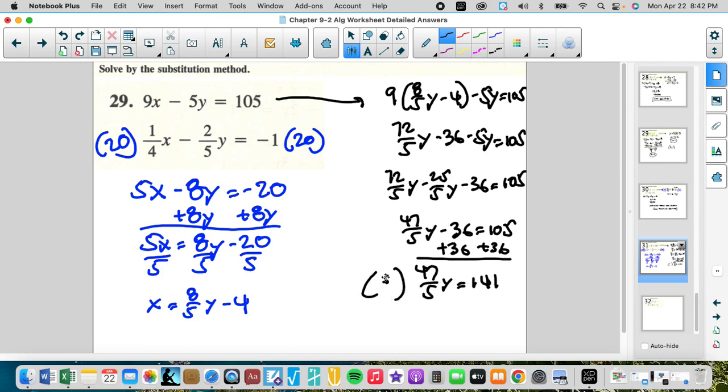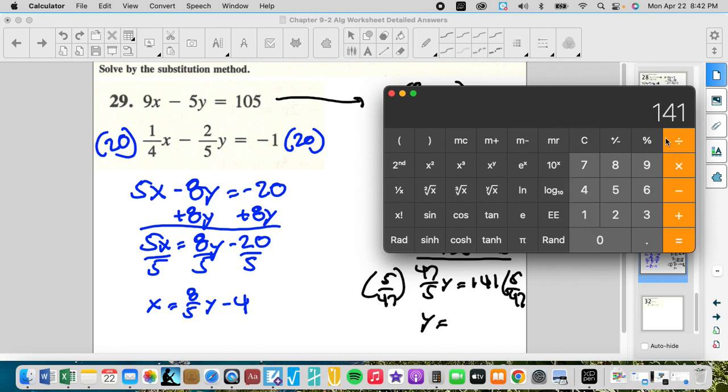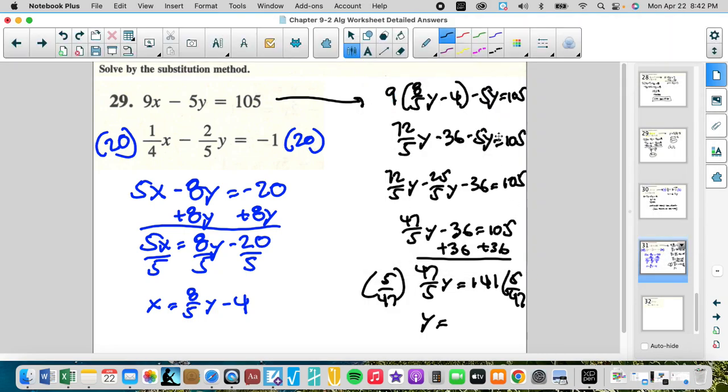Multiply by the reciprocal, 5 over 47, 5 over 47, y equals, let's see if 141 divided by 47, hopefully it's a whole number, 3. So these cancel. Well, let's do this. 47 goes into 47 once, 47 goes into 141 3 times. 3 times 5 is 15. So that's my y value.